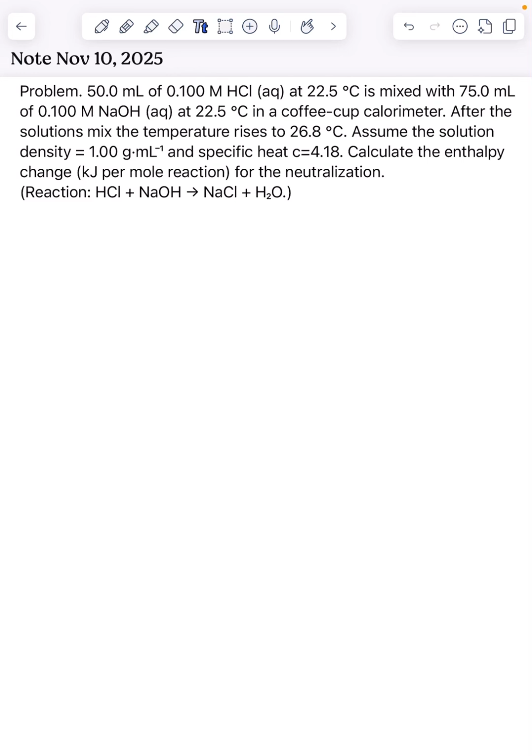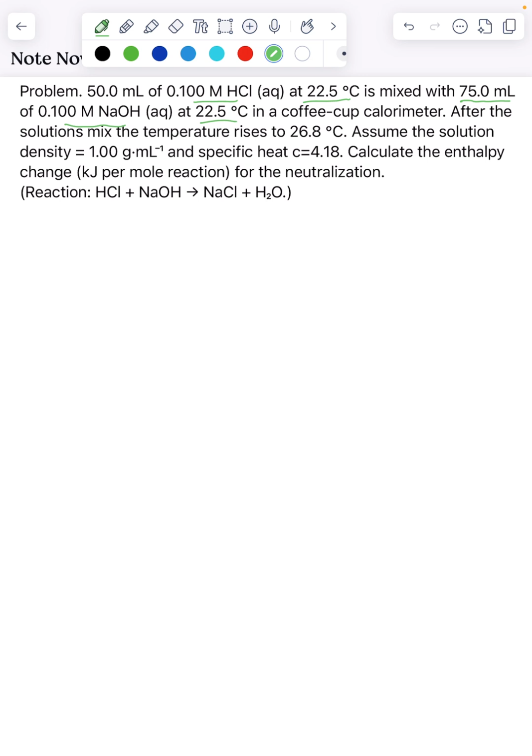Okay, so it says the problem has 50 milliliters of hydrochloric acid at 22.5 with 75 milliliters of sodium hydroxide at 22.5.